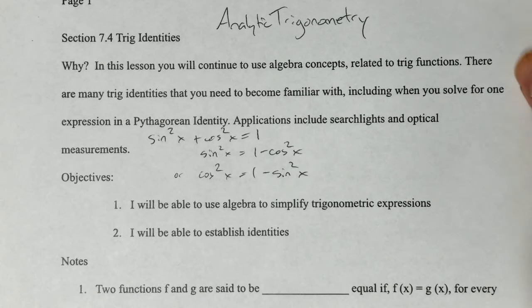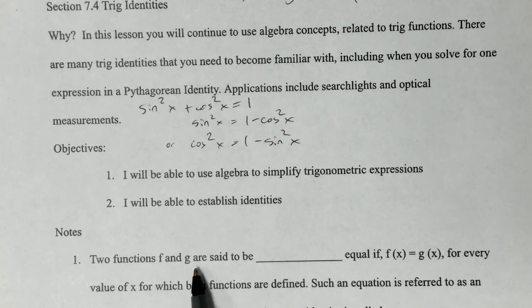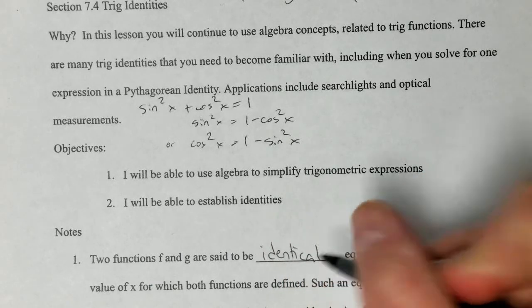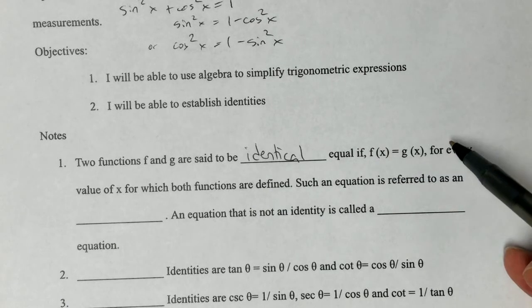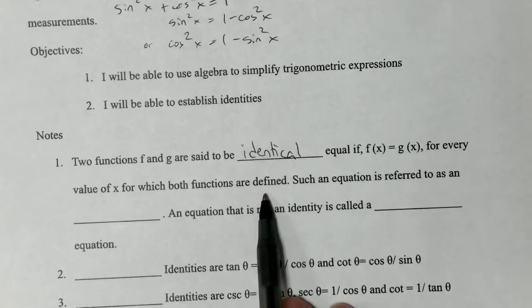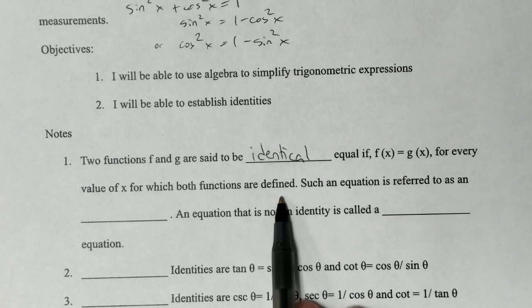Okay, so to start with, two functions f and g are said to be identical equal if f of x equal g of x for every value of x for which the functions are defined. I'll give you an example.